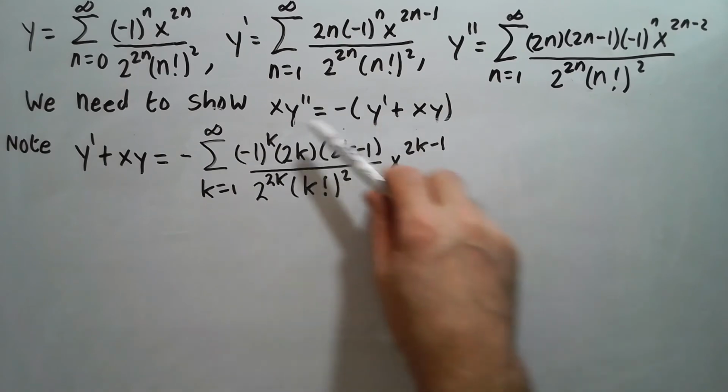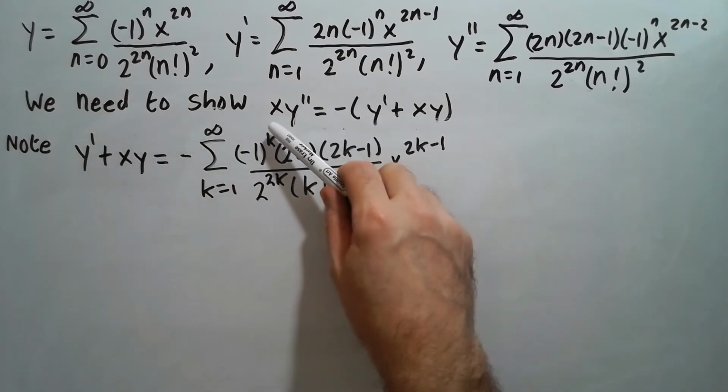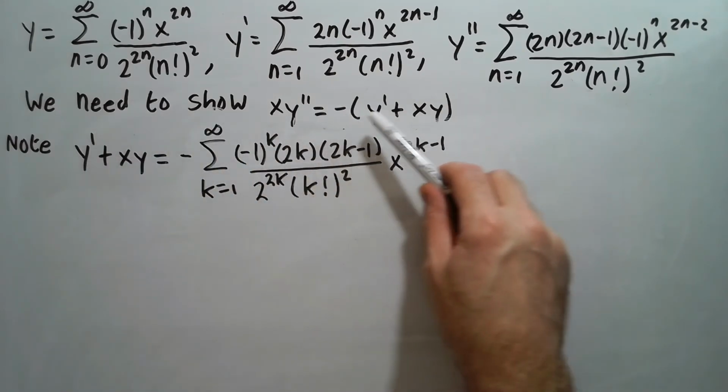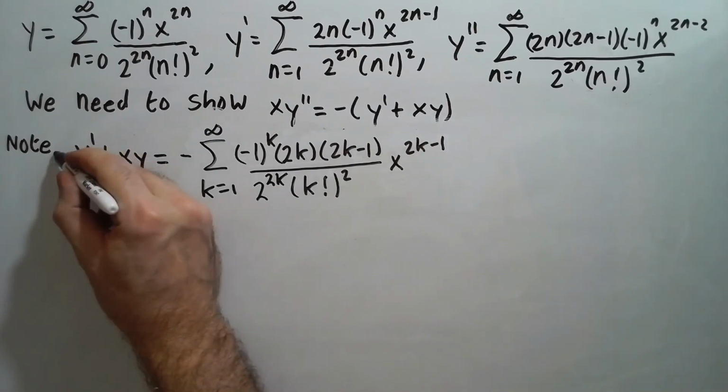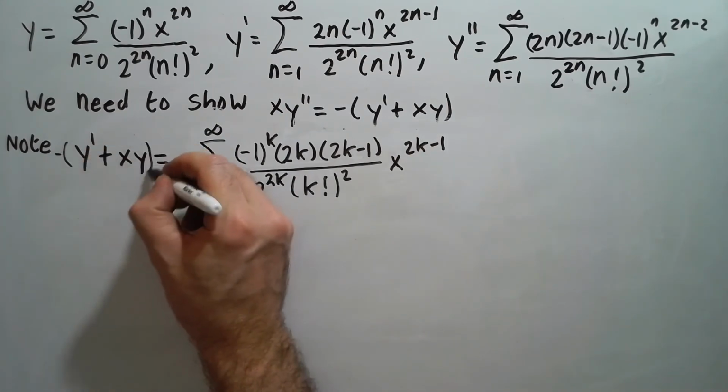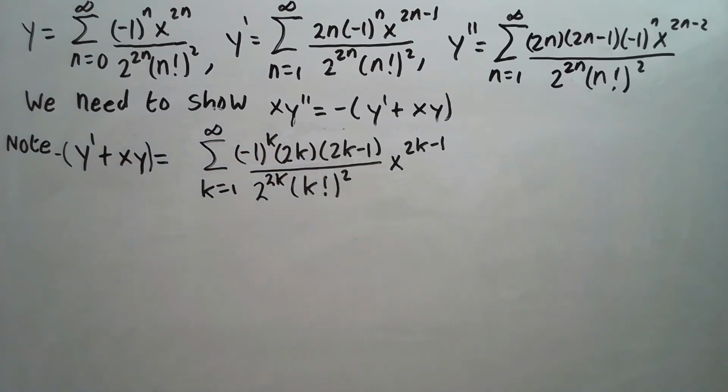And what we need to show is x y double prime equals negative y prime plus xy. So if I stick a minus in front here, that would just take away that minus sign there.